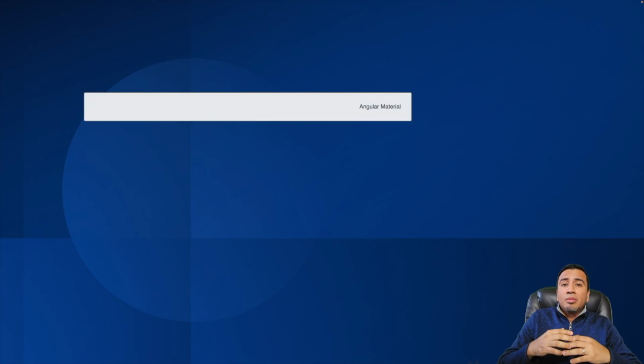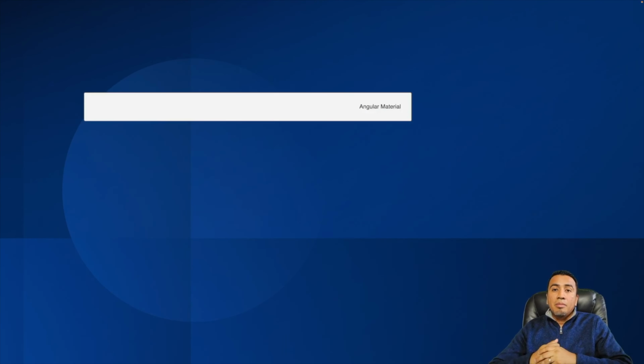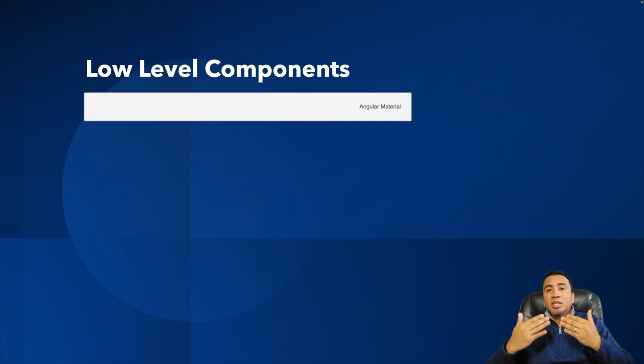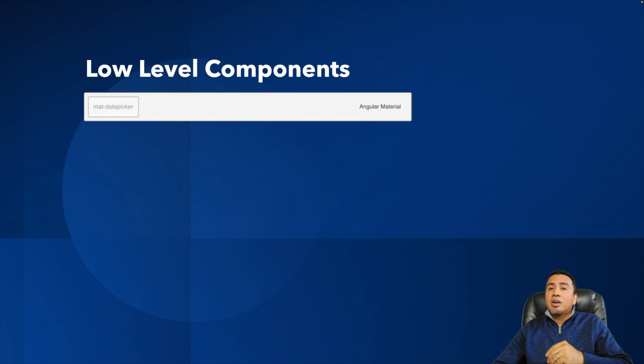Another question that often comes up is why do we need a generic components library if we already have available third-party libraries like Angular Material? But third-party libraries like Angular Material contain elements or components that I will call low-level components. And this is because they are the building blocks of more complex components.